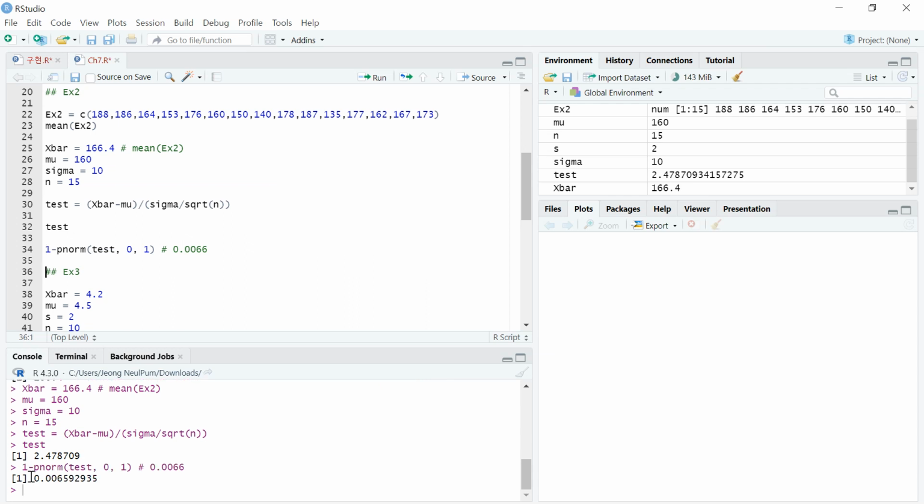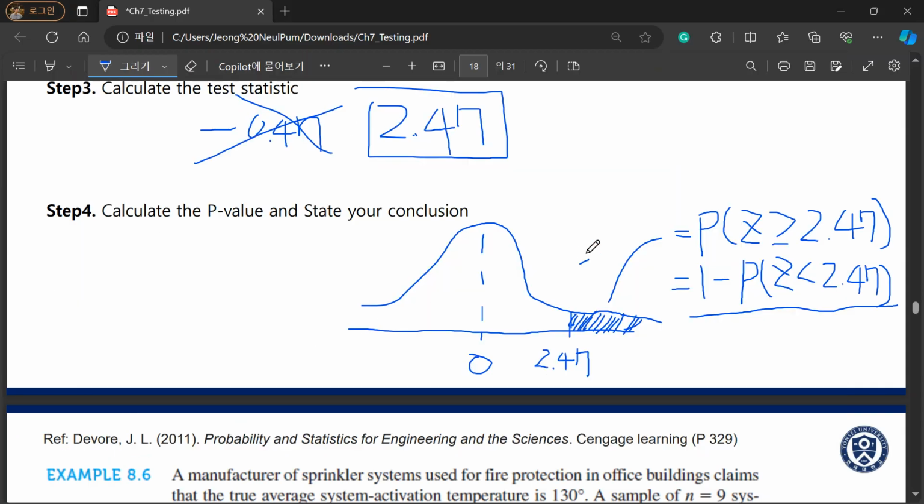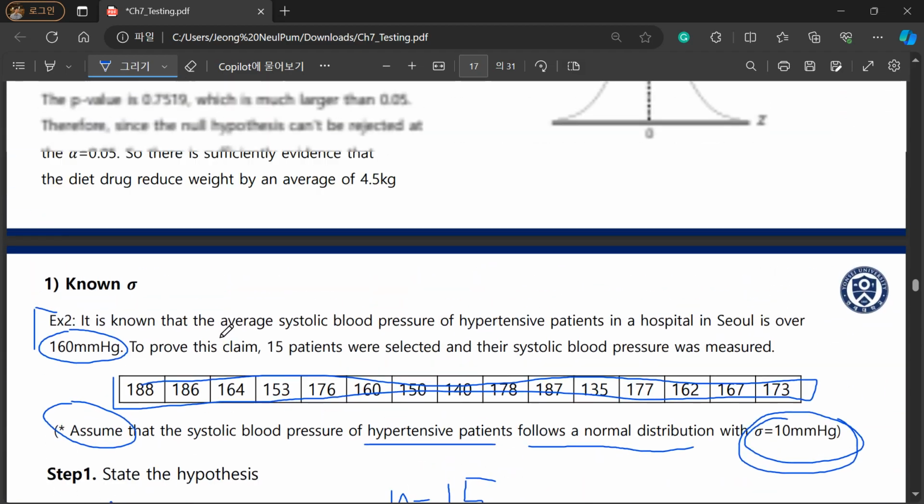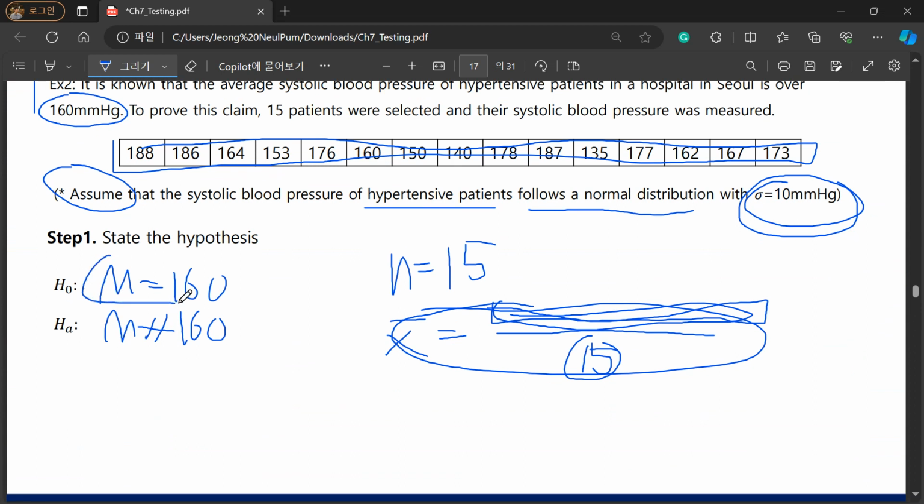So it says that because the p-value is 0.006, which is less than 0.05, which is the significance level, we are able to reject the null hypothesis that our population mean is 160.